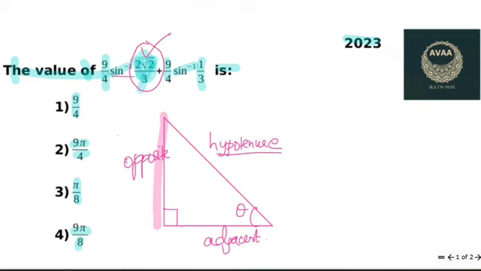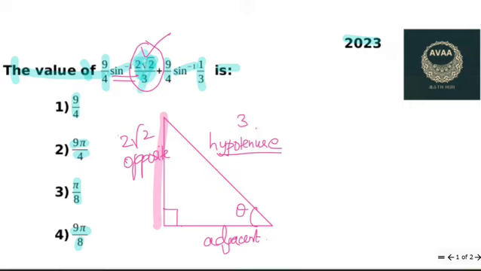We know that sine inverse is nothing but the inverse function of sine theta, so we can think in terms of sine theta. That means 2 root 2 over 3 can be expressed as opposite over hypotenuse. So 2 root 2 would be here, and the hypotenuse value is 3. Are we allowed to do so? Yes, we can interpret in terms of our usual trigonometric ratio.